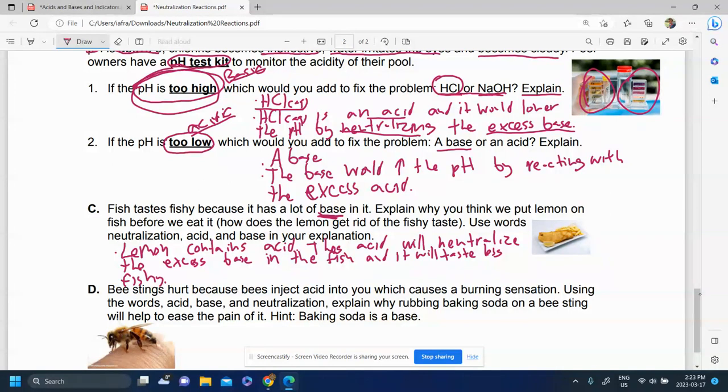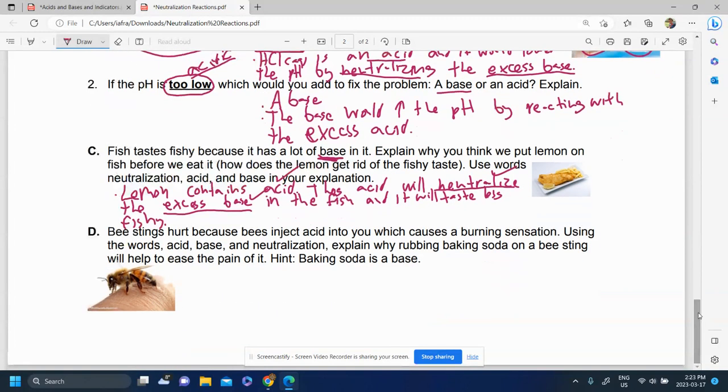So notice we said the lemon contains acid. We said it will neutralize the excess base, and then in the end, it will taste less fishy. So we used all the proper keywords in one sentence to answer this question, right? Not asking for big paragraphs, simply showing me what you know that relates to the question.